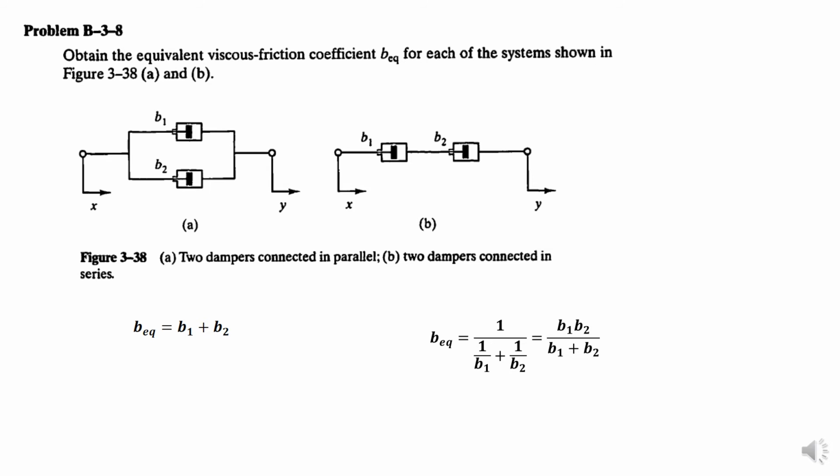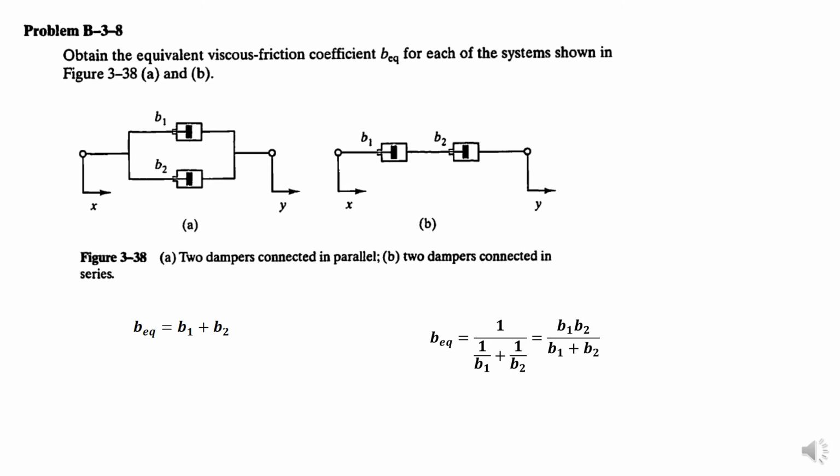Okay, but sometimes the rule may be changed in other systems, like in the electrical system. So this rule is only applied in mechanical systems. For resistors, it may be totally different. It may be inverse. The serial will be summation, and the parallel will apply this equation.